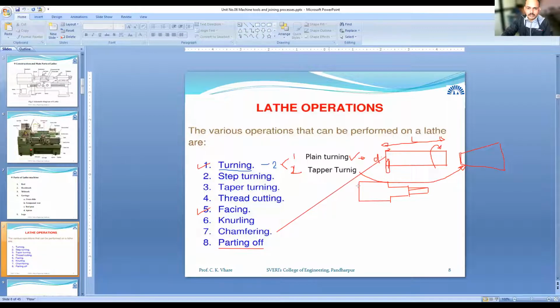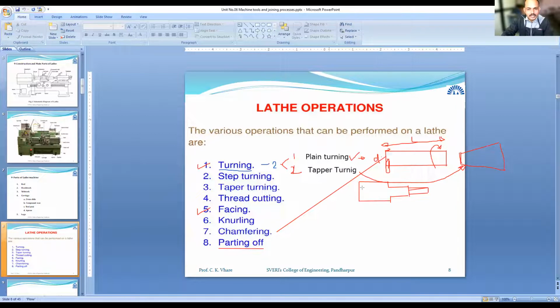Chamfering means here we have some corners. If this job will be used by some applicant or some customers, at that time this part has sharp edges at this corner.